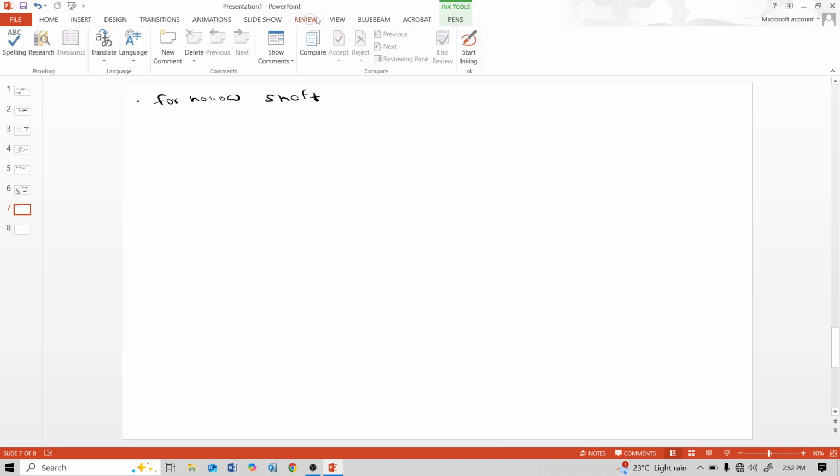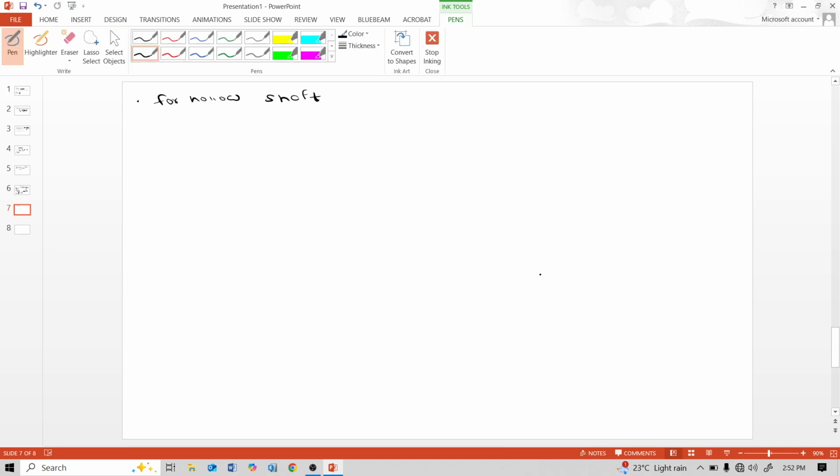Now for the hollow shaft, let us consider this as capital D diameter. This is a circle and small d diameter. This is a hollow circular shaft.